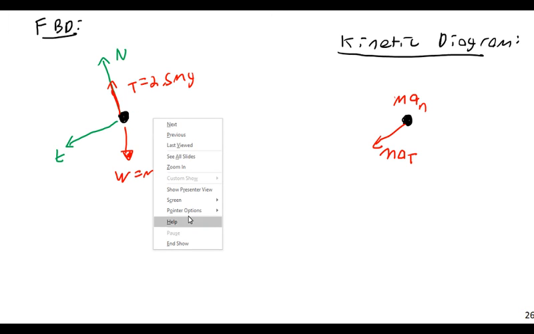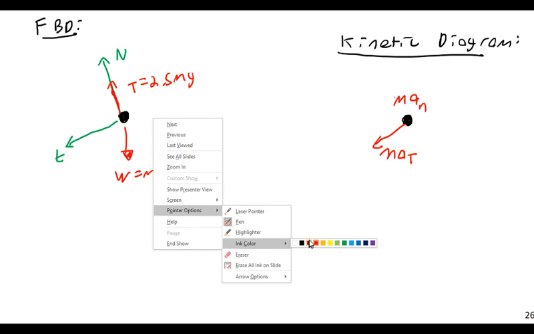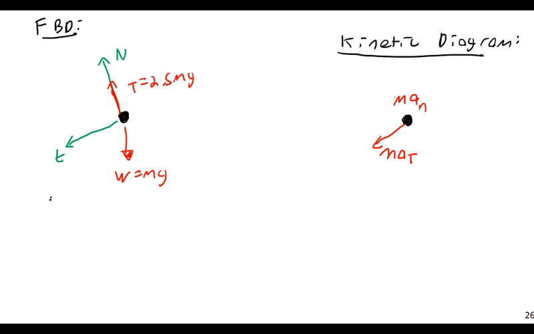All right, so let's do this. Let's just work through the summation of forces. If I do a summation of forces in the tangent direction, I get mg times the sine of 30 degrees equals m a_t. Oh, look at that.